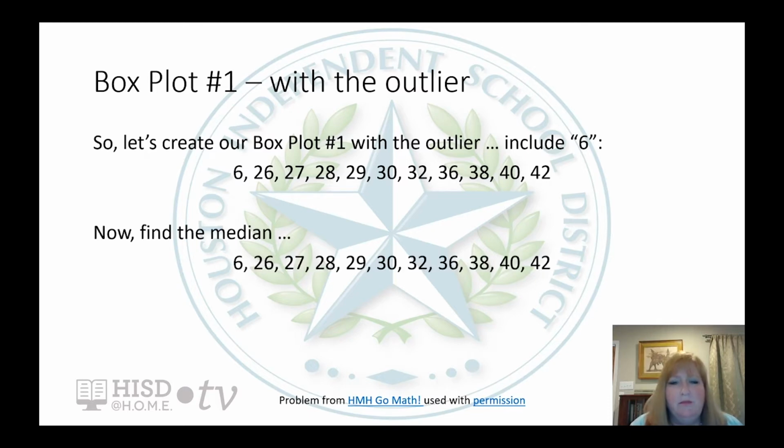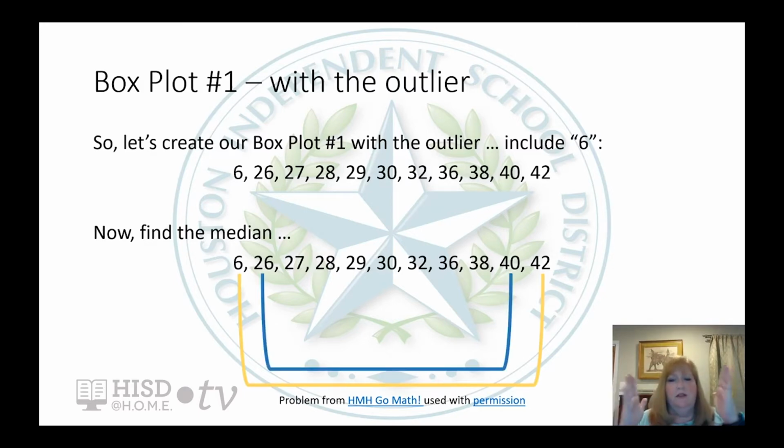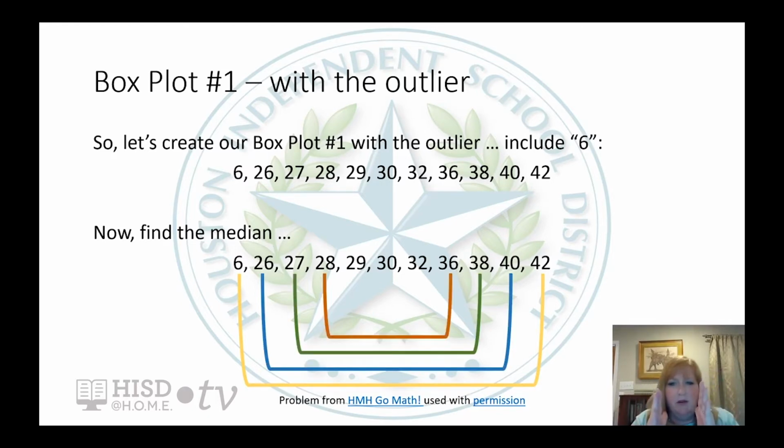When I find the median, I have a special way that I do this. I start at my outer 2 points, and then I move in each set just a little bit more until I can figure out what is the one number that's in the exact middle of the data. That's what the median is.